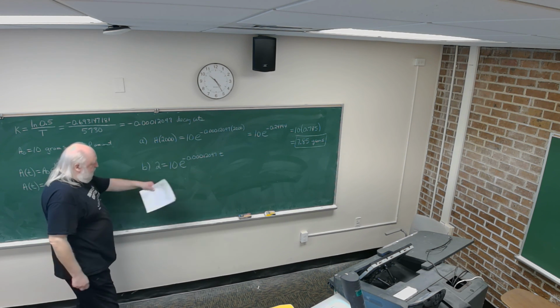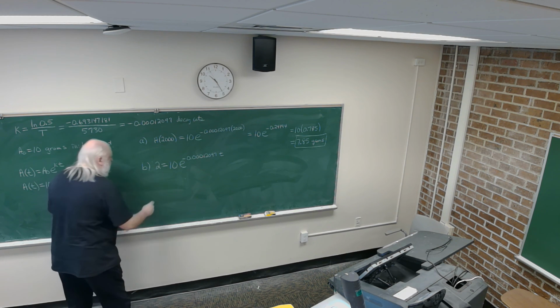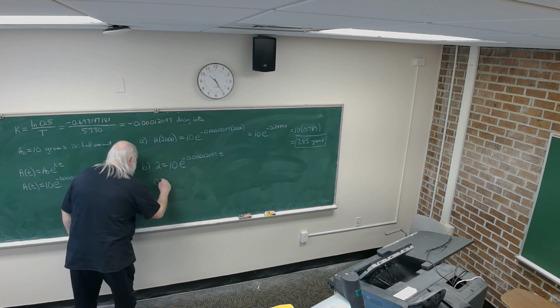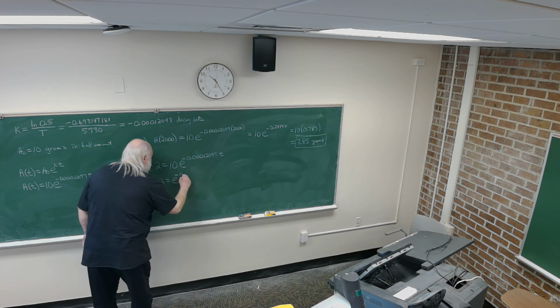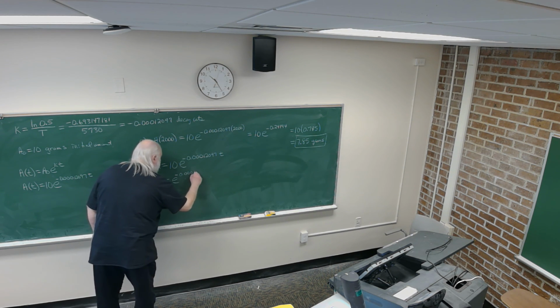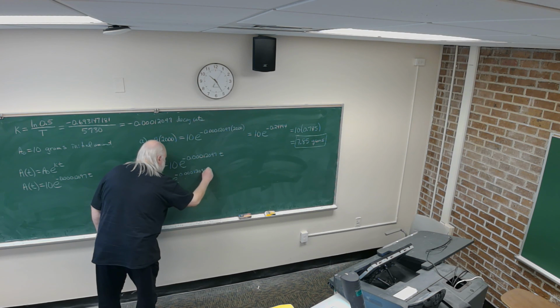You divide both sides by 10, and you get 0.2 is equal to e raised to the minus 0.000120097 t power.